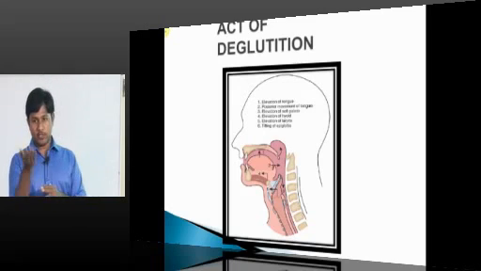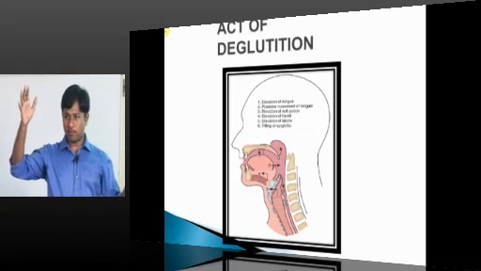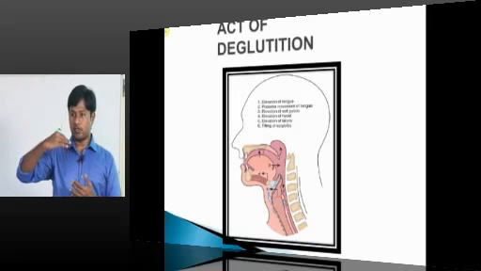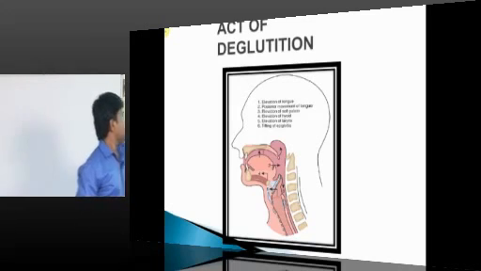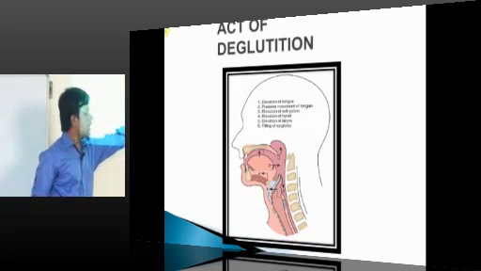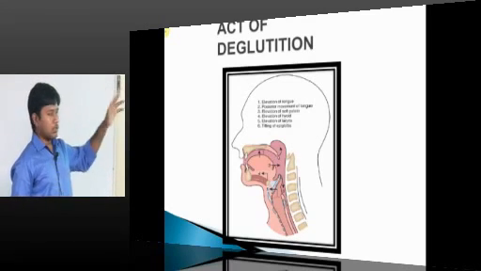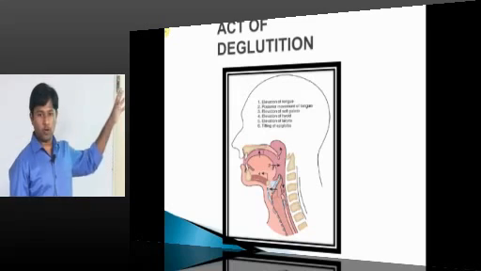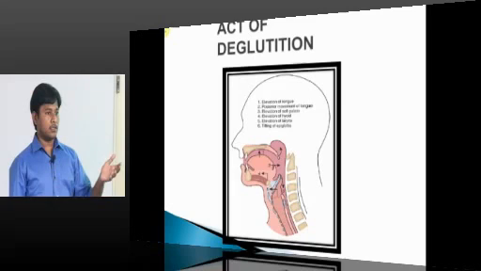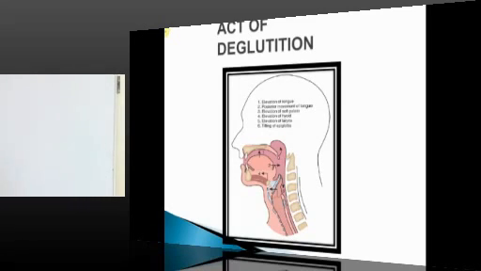Then all the things elevate, opening the passage: elevation of the soft palate, elevation of the hyoid, elevation of the larynx, and tilting of the epiglottis. Very easy. Actually, this MCQ was asked as an order, with four options like ABCD, BCAD, and so on.